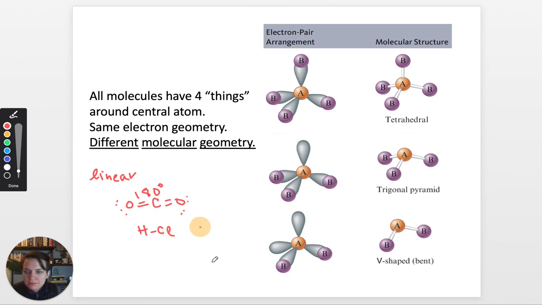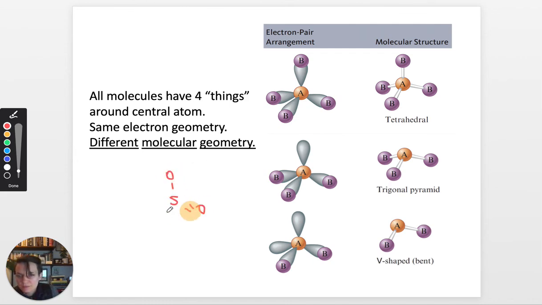Then we have our trigonal planar, where you have your central molecule and 3 things around it. We did an example earlier. It was SO3. This is trigonal planar.